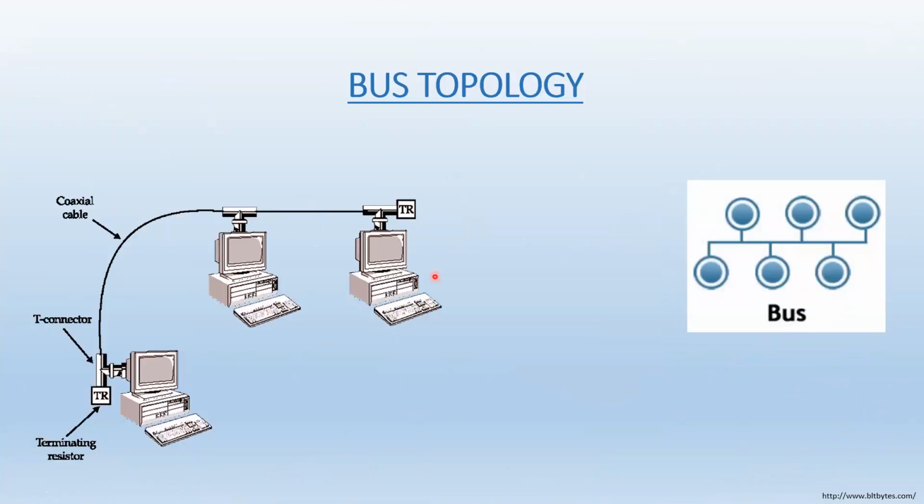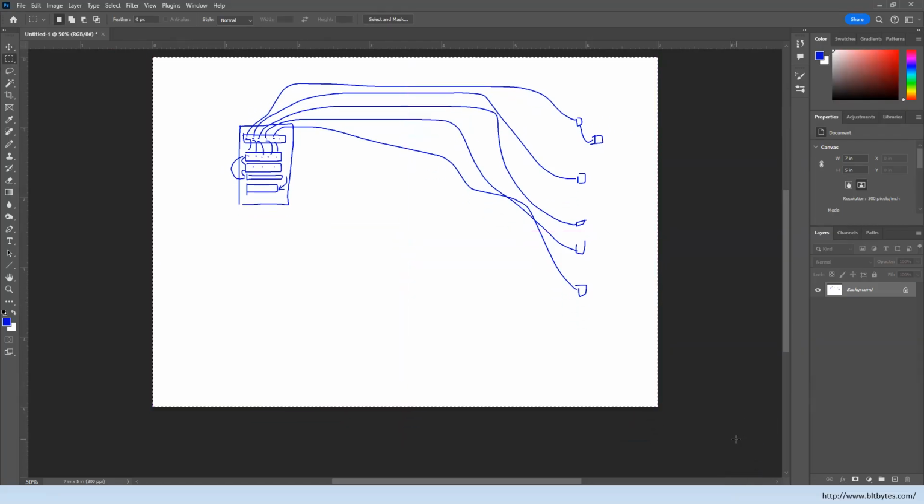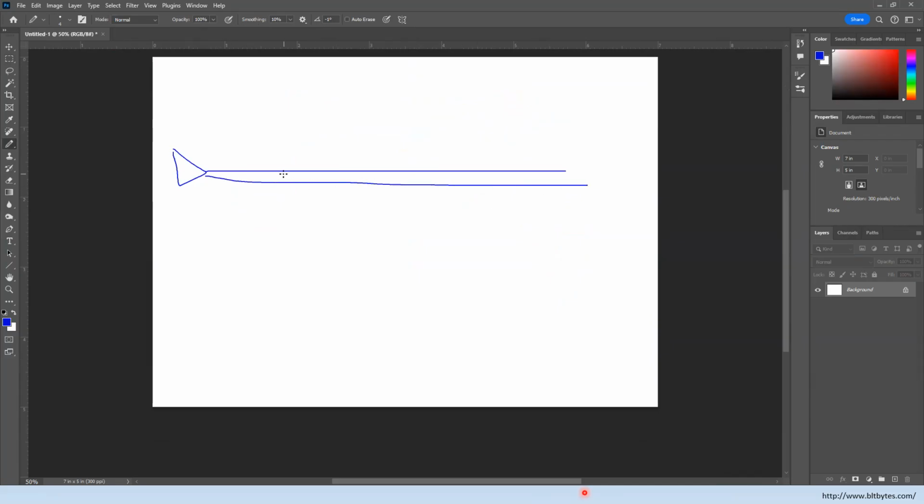Now, here's a bus topology. We have already used a bus topology. Remember when we did the PA system? We had a bunch of speakers, and here was the amplifier, and here would be the main connection, the main bus line.